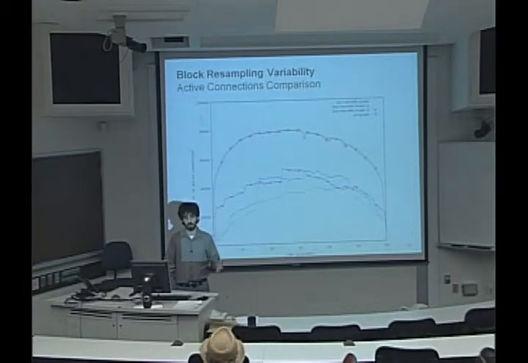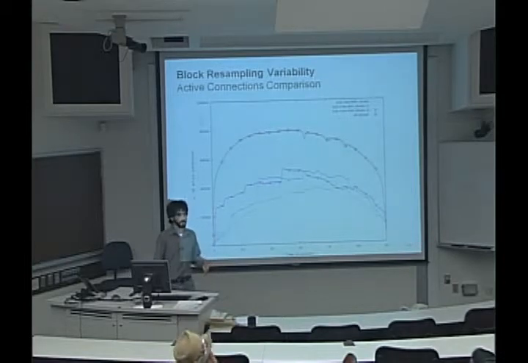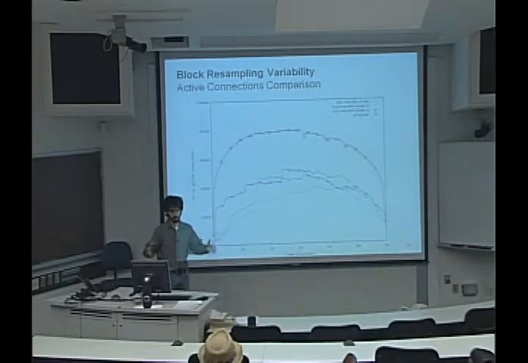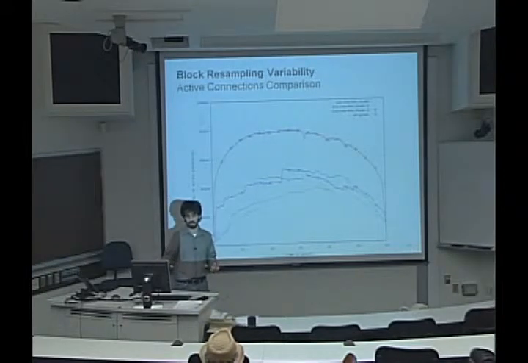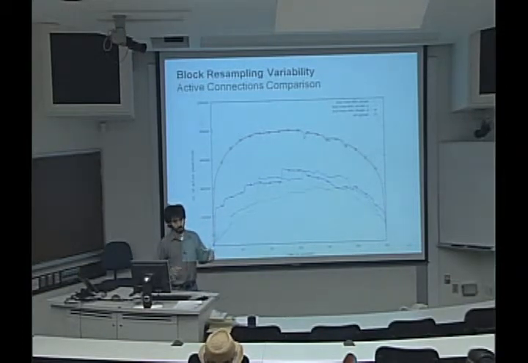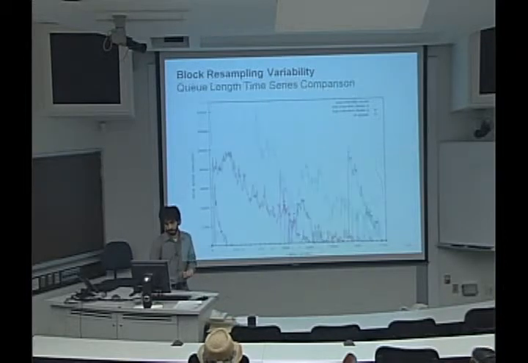Whereas in all of the block resampled connections, there are on the order of 40 to 60,000 fewer connections at any given point in the replay. So there's obviously some really huge variation in the number of connections that are actually being replayed at any given point in a block resampled set of connection vectors.